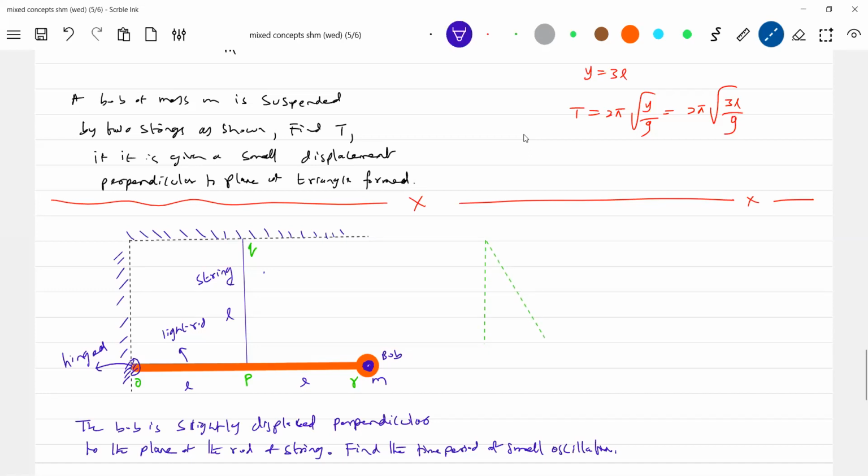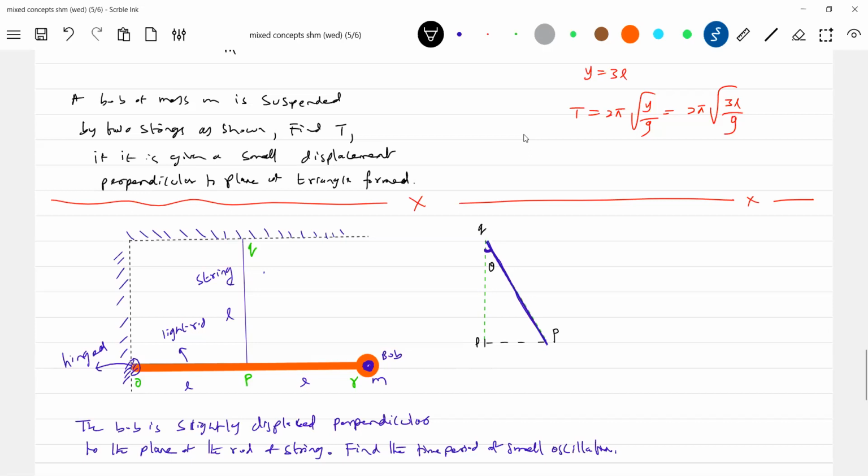The string will take this particular angle. So slightly I'll displace. This is theta, this is Q. Earlier this is P, no? Now the P will come to this position.